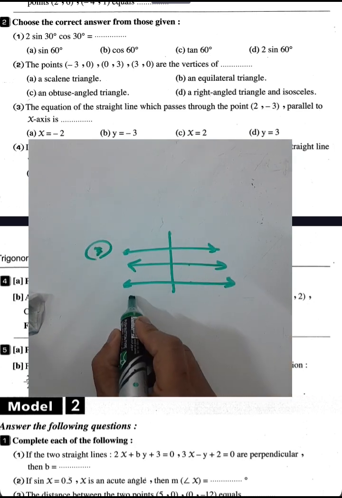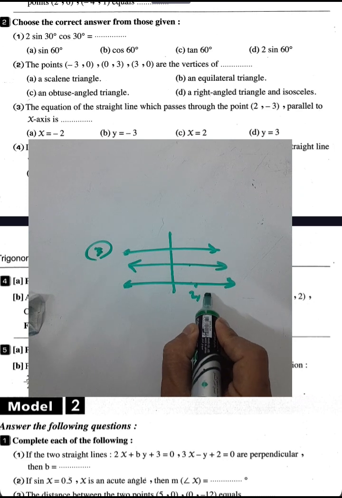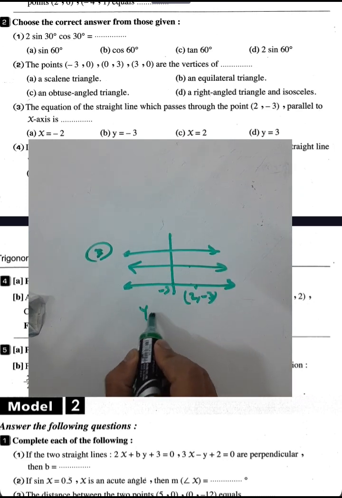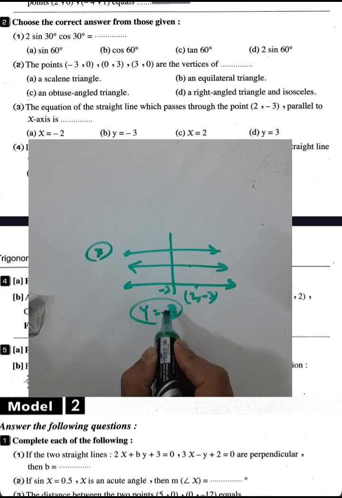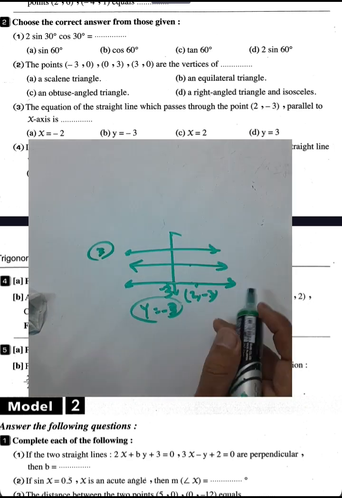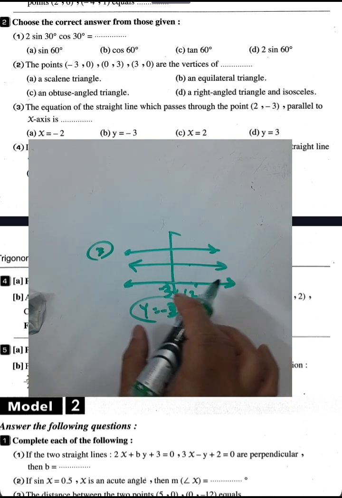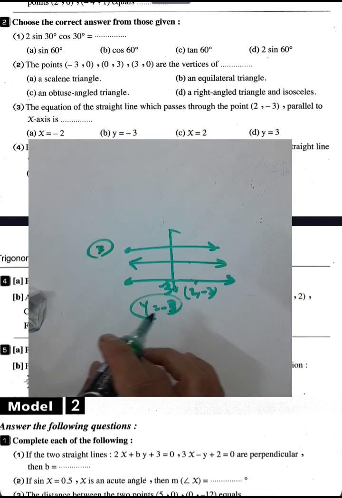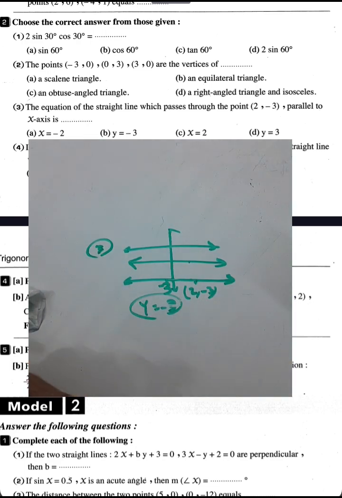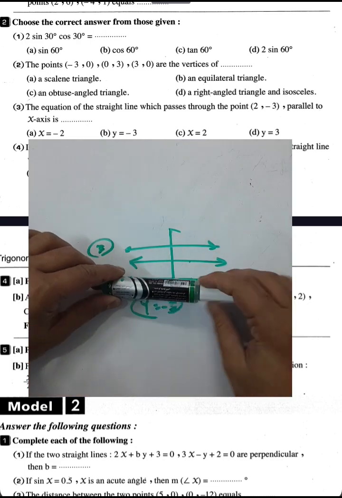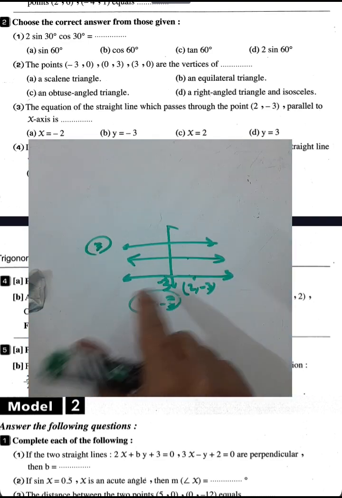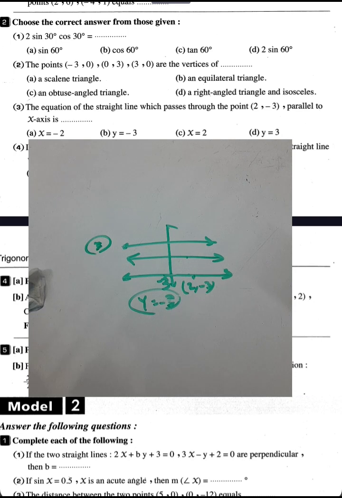This straight line passing through the point 2 and -3 cuts off here at -3, then the equation will be y equal -3. He tells us in the example the intersection with the y-axis. Why? Because this straight line is parallel to the x-axis, it will cut the y-axis at the point 0 and -3.